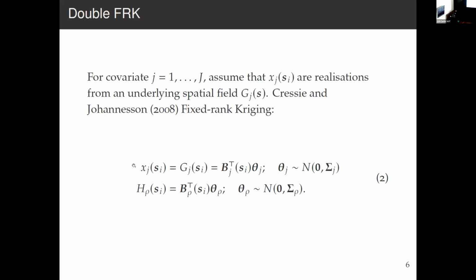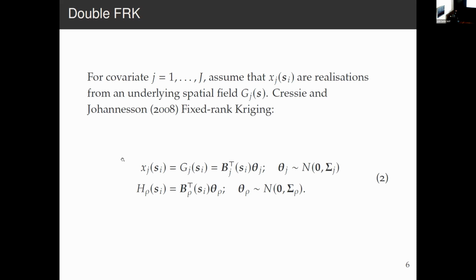If we allow the assumption that the true covariates are smooth functions of the spatial field, or smooth functions of space, if you like, then we can use fixed rank Kriging to model the true covariates X. And that's what we do.